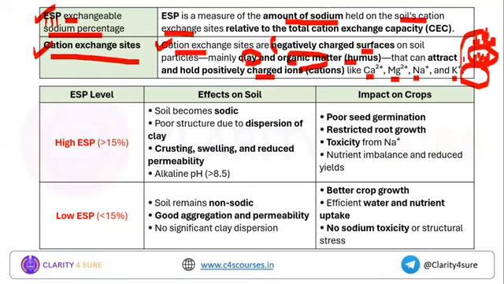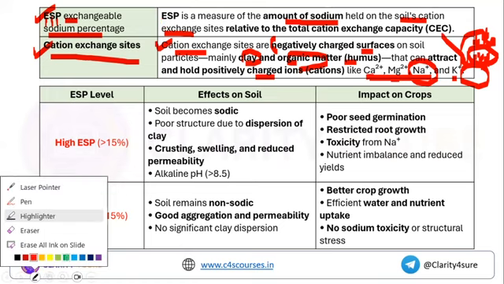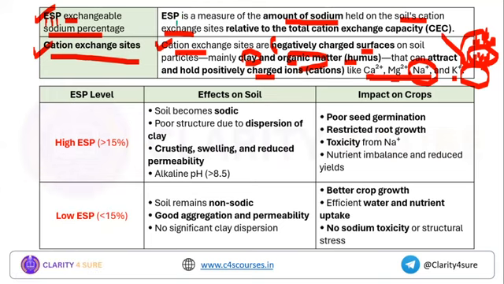As I said, these positive cations are held on these exchange sites, so the amount of sodium on the exchange sites is calculated in the ESP. Let's read the definition again: ESP is a measure of the amount of sodium held on the soil's cation exchange sites.